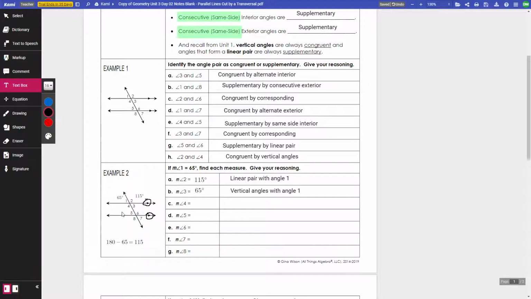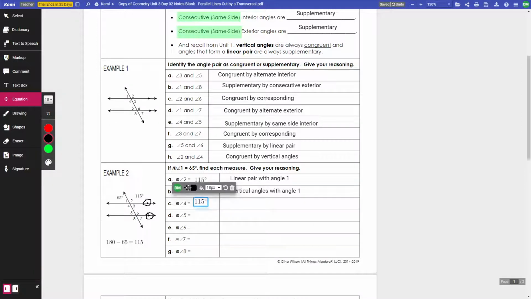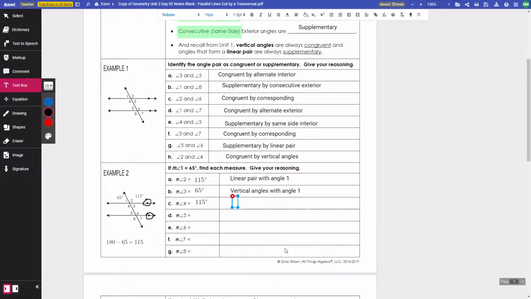All right, angle 4, we are looking at this angle right here. It's obviously one of the 115 degree angles because it's a big one. It's an obtuse angle. We've got a few different reasons that we can use here. I think I'll just say it's a linear pair with angle 3.